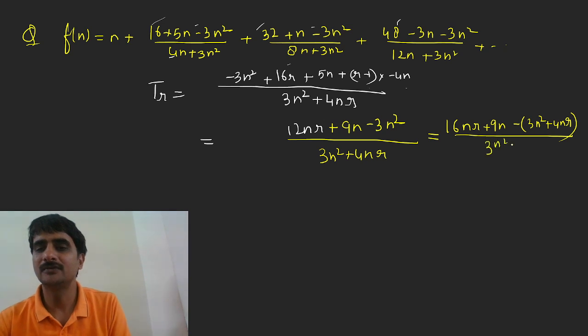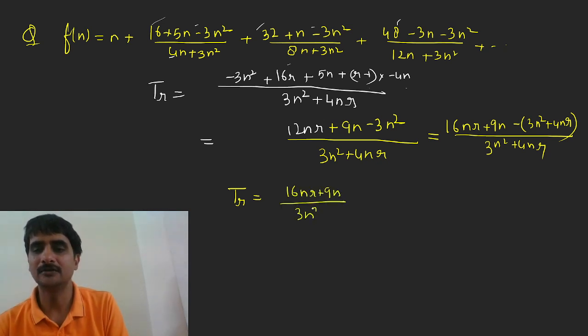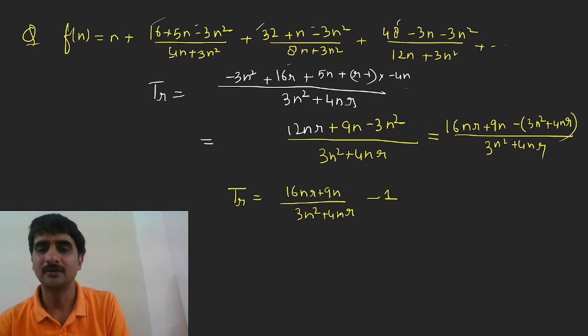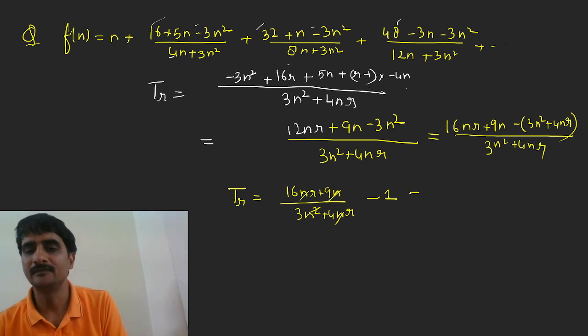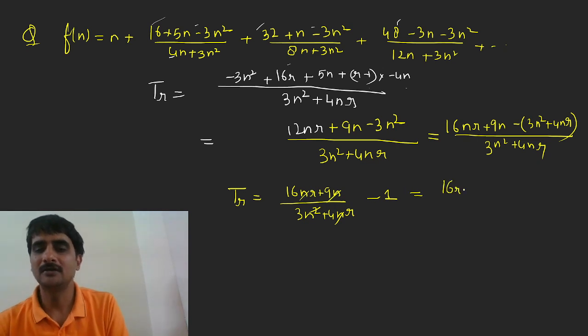So finally the rth term is 16nr plus 9n upon 3n square plus 4nr, minus 1. N gets cancelled. So it's 16r plus 9 upon 3n plus 4r.